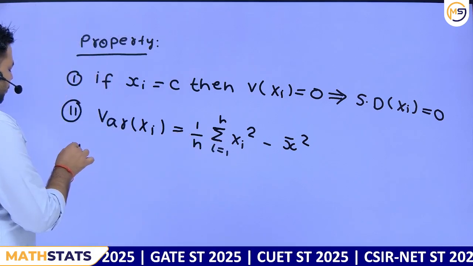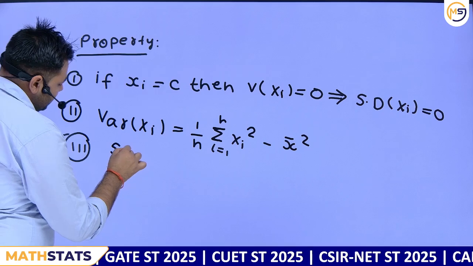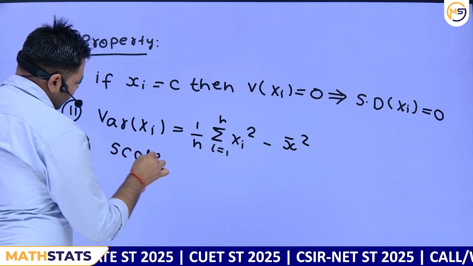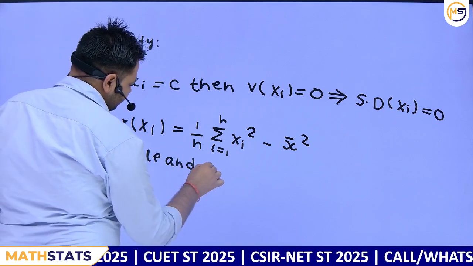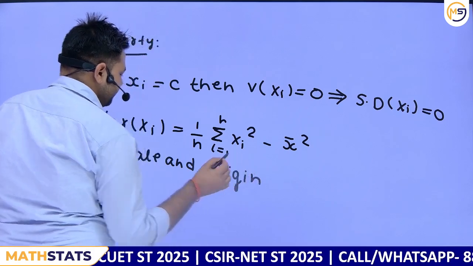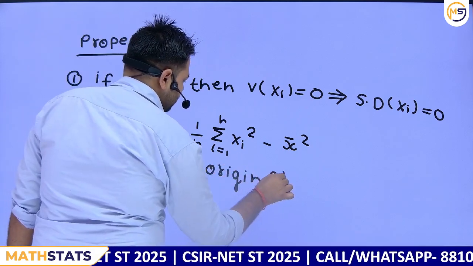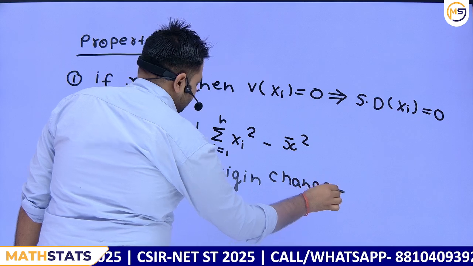Third property is an important property. This is called scale and origin change.